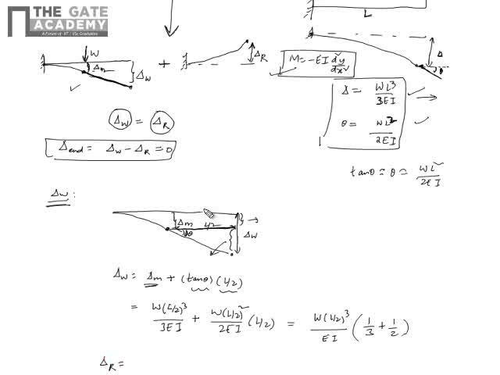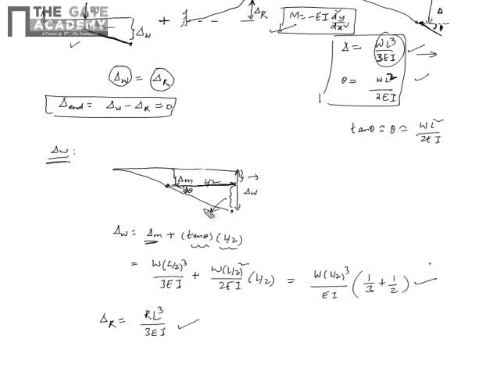Now due to R, it's just the point load at the end, so I can directly use this formula. It will be R L cube by 3EI, with the total length L, because the built-in end and the load application are separated by that distance. So these two have to be equal: delta W is delta R. W (L by 2) whole cube by EI into 5 by 6 equals R L cube by 3EI.